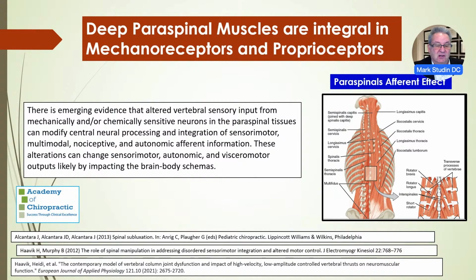These alterations can change sensory-motor, autonomic, and visceromotor outputs, likely by impacting the brain-body schema. And that's directly from Haavik, by the way, in 2021, who pulled information from research she did in 2012 and 2013 and about 5 or 6 other places.